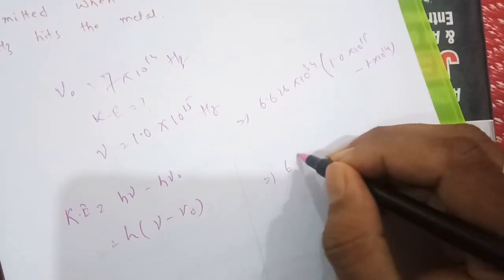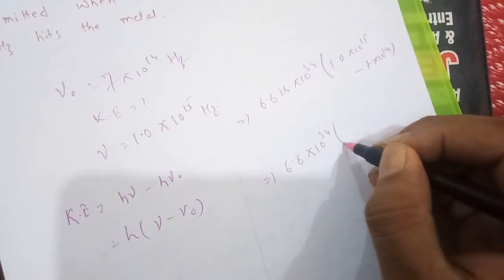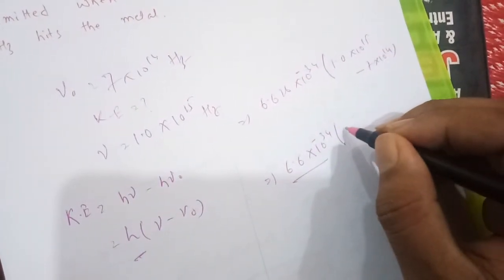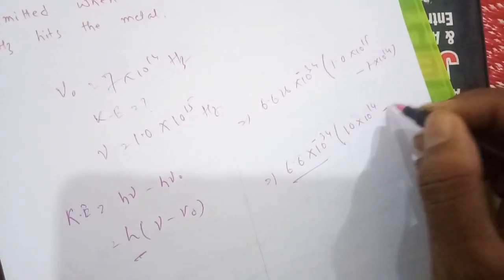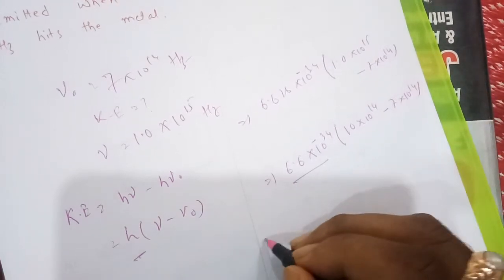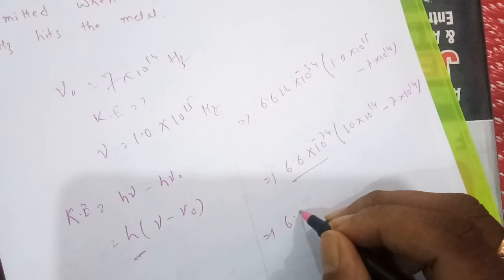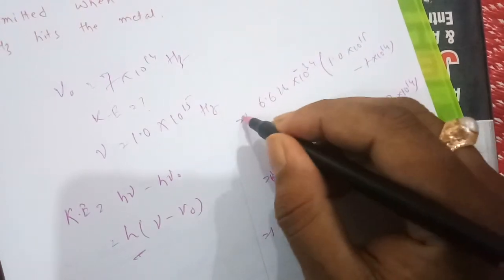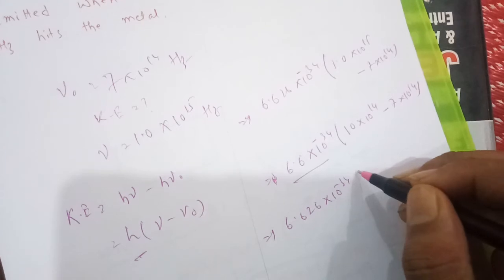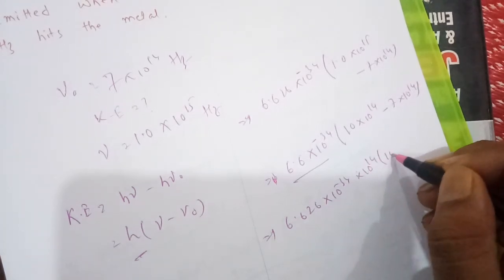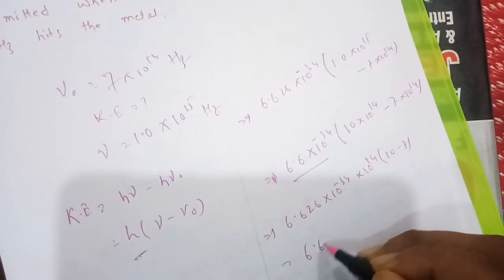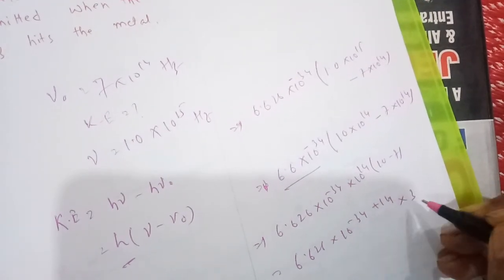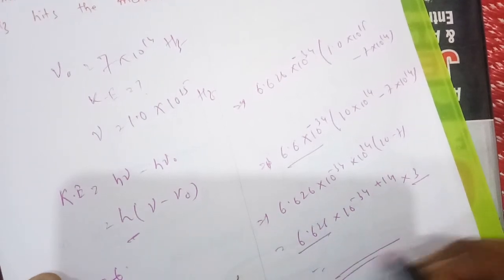So 6.626 into 10 to the power minus 34 times (10 into 10 to the power 14 minus 7 into 10 to the power 14), which implies 6.626 into 10 to the power minus 34 plus 14 times (10 minus 7), that is, into 3. You just multiply this, and you will get the result.